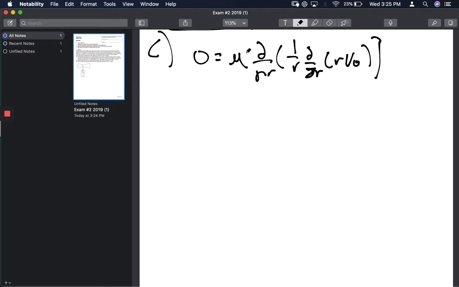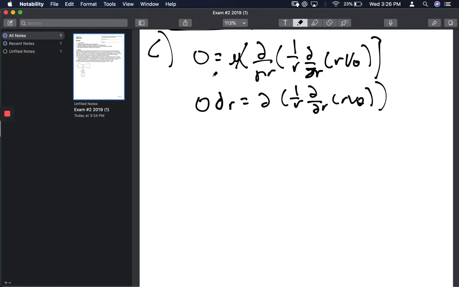Okay, so we're going to want to first separate and integrate. So 0 divided by mu is still 0, so we can cancel out that term actually. But we can separate this here, dr is equal to d/dr of r vθ. And then just integrate both sides like so.